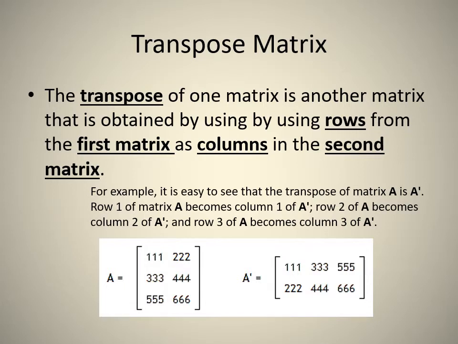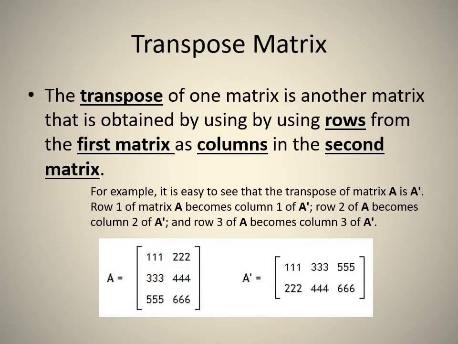So basically, if we look at this example of matrix A and the transpose of A, you can see the notation, how we rewrite it. It's an A with a little superscript. It's not a 1, it's just a little stripe, and that's the transpose.